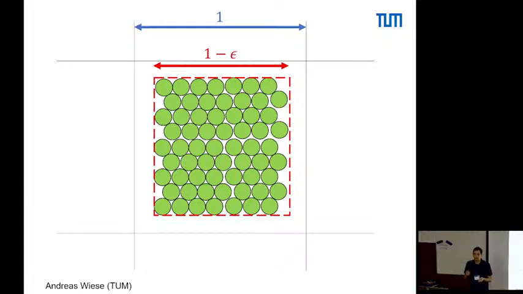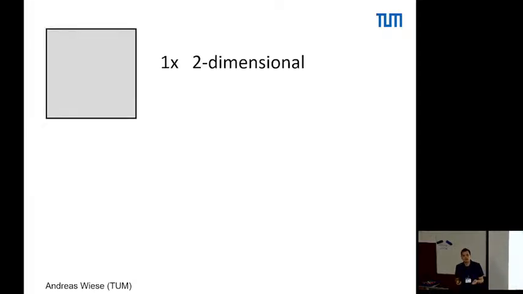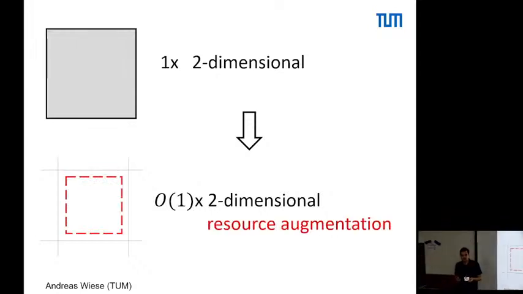And this is good. So on a high level, what we did is we started with one two-dimensional container and reduced the problem to a constant number of two-dimensional containers. And now this doesn't look like an improvement at all, but the important point is that in these constant number of two-dimensional containers, we have resource augmentation, meaning that we can use the entire grid cell and compare ourselves to a grid cell that is actually smaller.